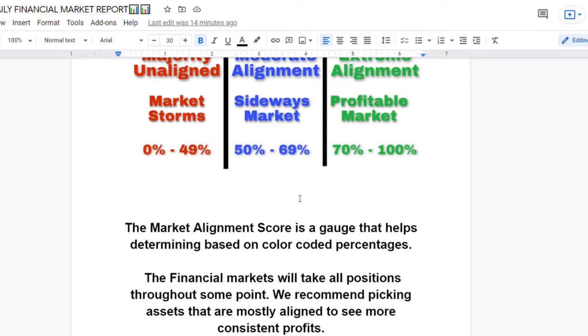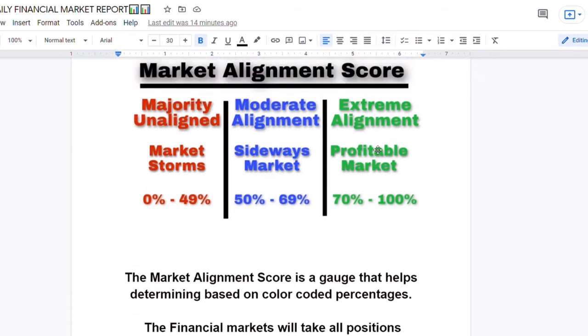But basically, this lets you know what's going on in the market, and every aspect of your assets will go through these phases. All of these phases will at some point in time affect your asset.